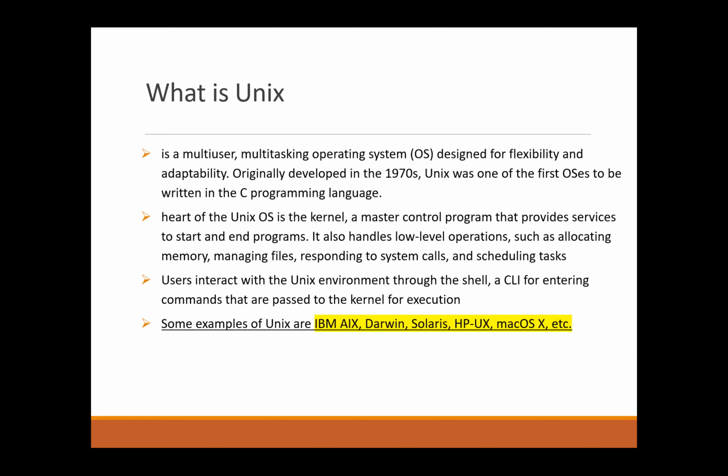It is responsible for managing files, responding to system calls, and communication between the software and the hardware layer. You can say it's the heart of the OS, managing all the system calls and tasks, scheduling, and giving priorities to tasks, whatever you have configured on the system side.